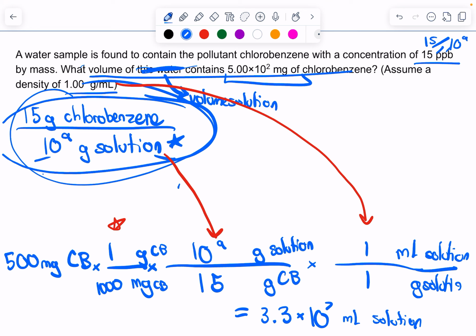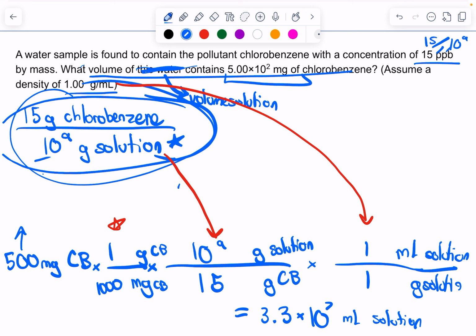So 8,000 gallons of water is going to have that 500 milligrams of chlorobenzene. Even 8,000 gallons is hard for us to imagine. A gallon of milk, 8,000 of those, that's a little bit tricky for us to imagine. But that's how much would be needed for 500 milligrams. I mean, 500 milligrams, that's like a tablet of Tylenol. So it's a pretty small amount in a really big amount of water.